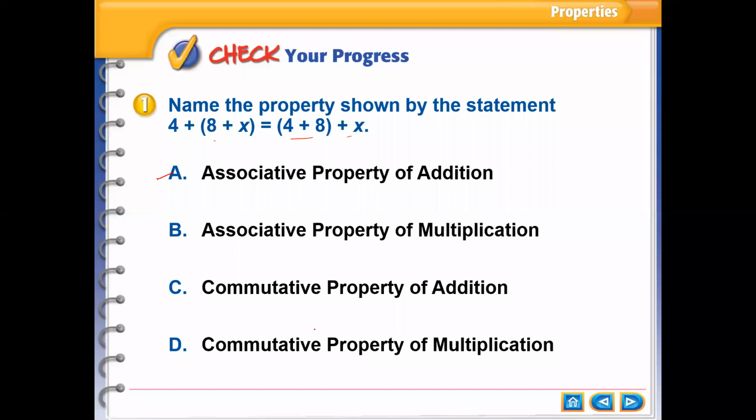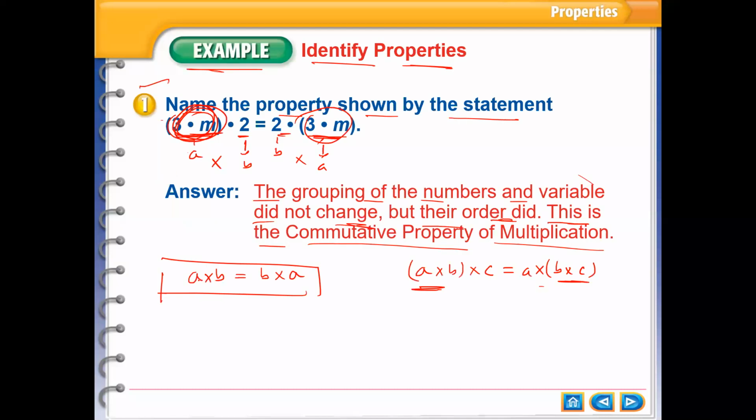Which is the right option? Tell me fast. Think about it.